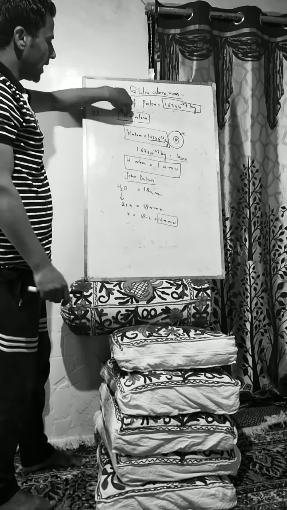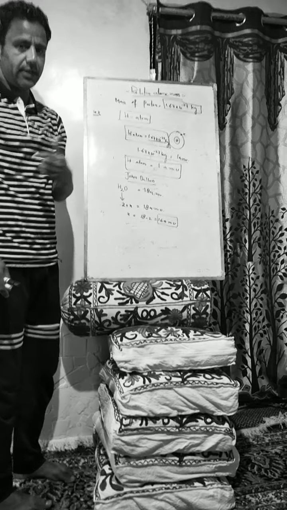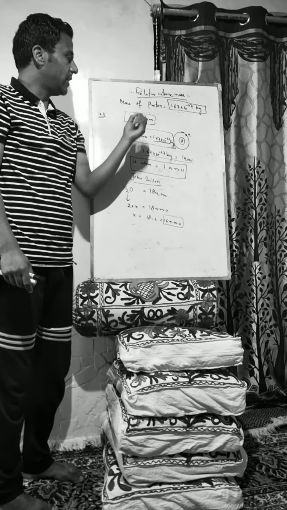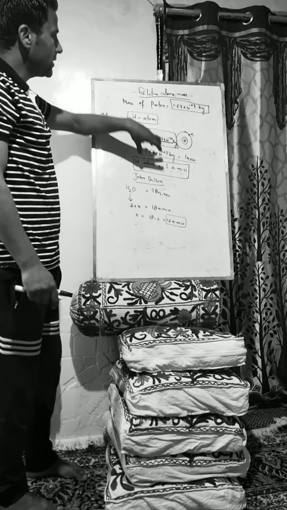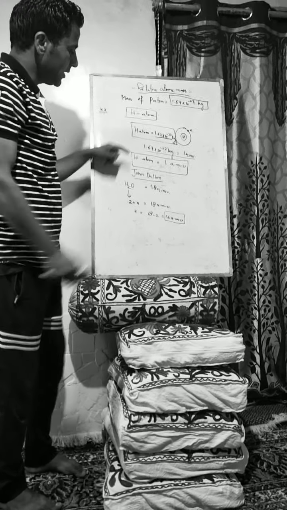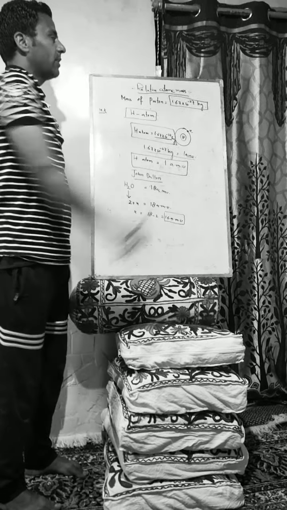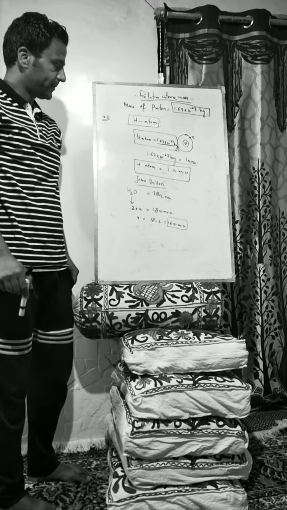Now John Dalton was the scientist who used this hydrogen atom as a reference element and calculated the atomic mass of the other elements. The mass of other elements calculated using the hydrogen atom is called the relative atomic mass of these elements.